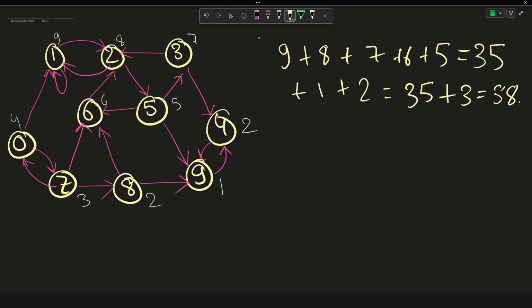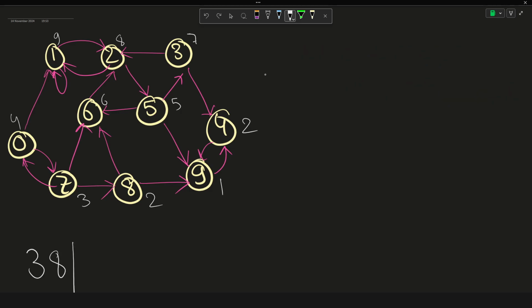What if we had started our coin collection from the 0th room? Suppose from the 0th room we go to the second room, from the 7th room, sorry, and then from the 7th room we went to the 8th room, and from the 8th room we had 2 choices: we can either go to the 6th room or the 9th room.